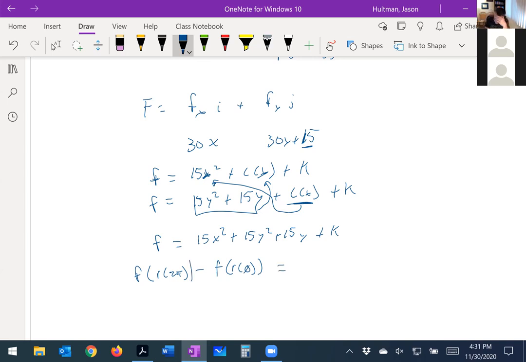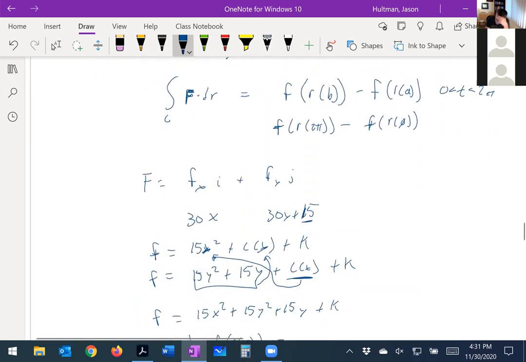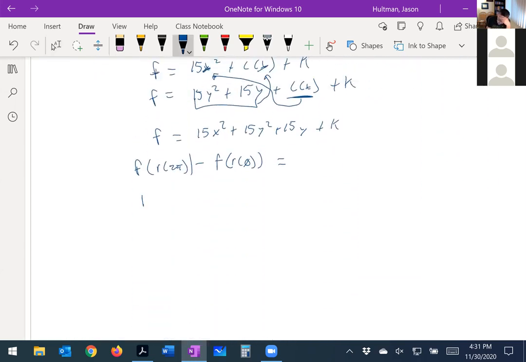So what is r of 2 pi? Let's go back to r. R was equal to t minus sine t i plus 1 minus cosine t j, where t goes from 0 to 2 pi.